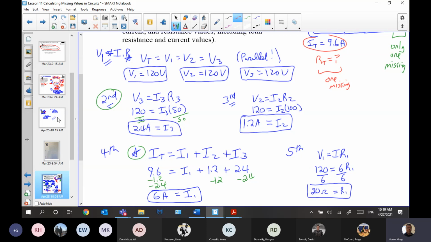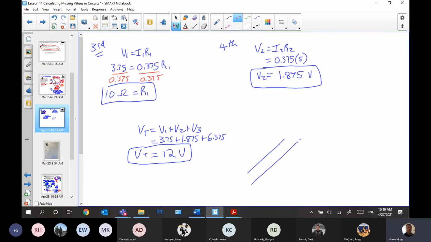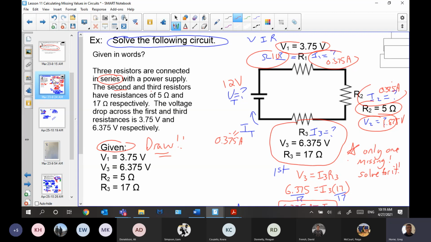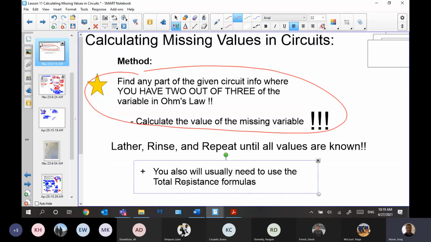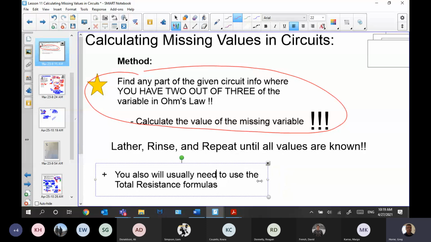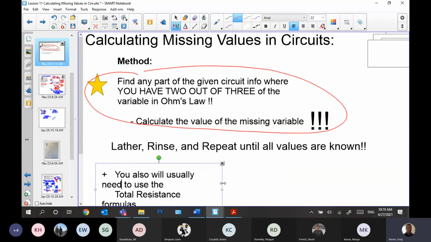Okay, so I would maybe add into the steps listing here, find anything and so on, and then I put sort of a secondary thought here that you'll need to use the resistance formulas. Oh, that's not right. That's not what I was thinking.